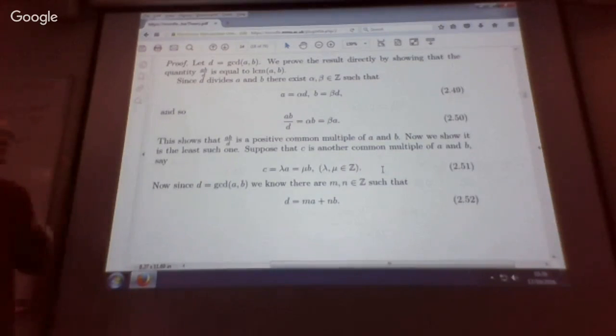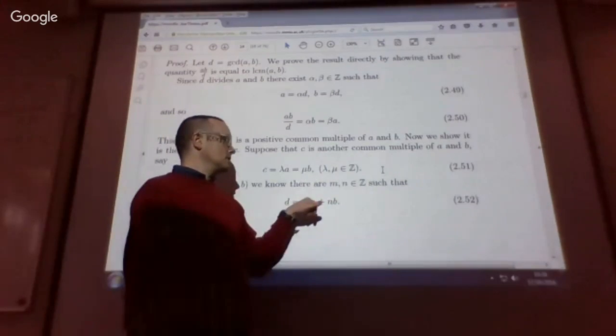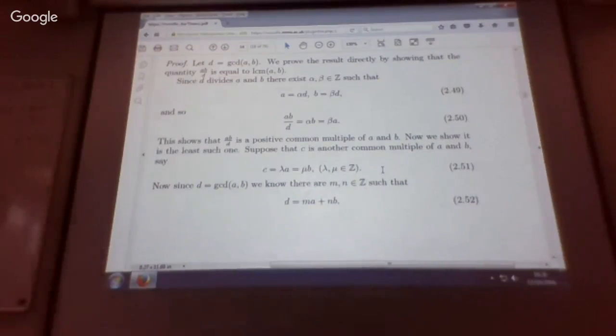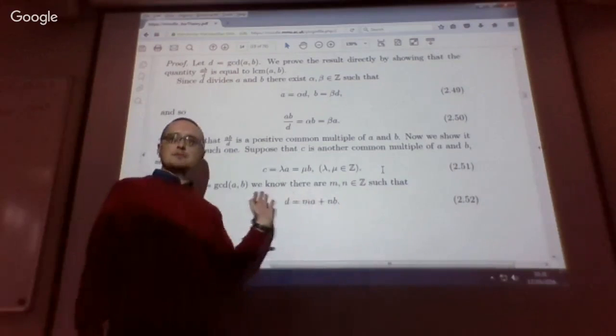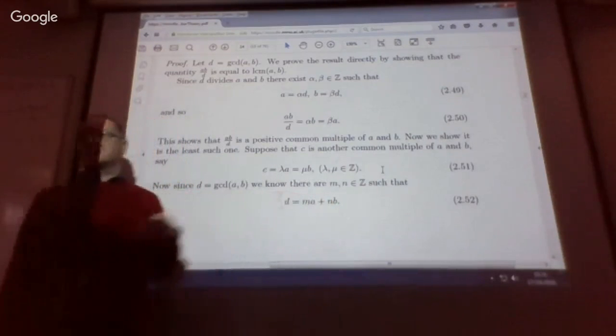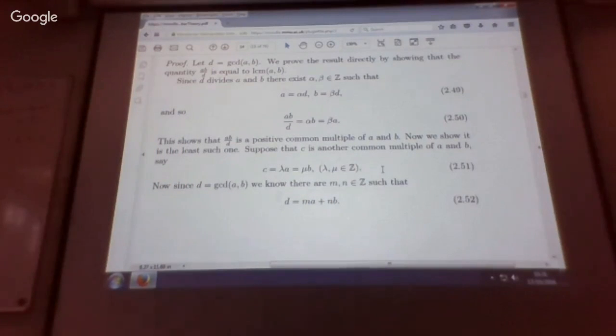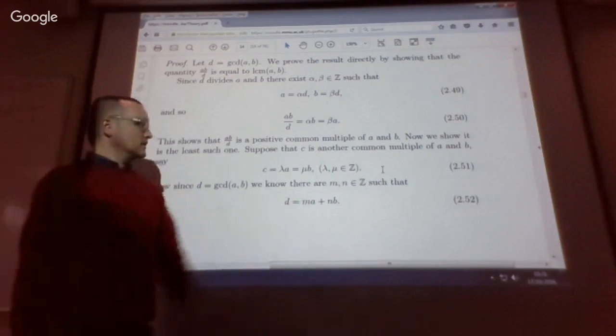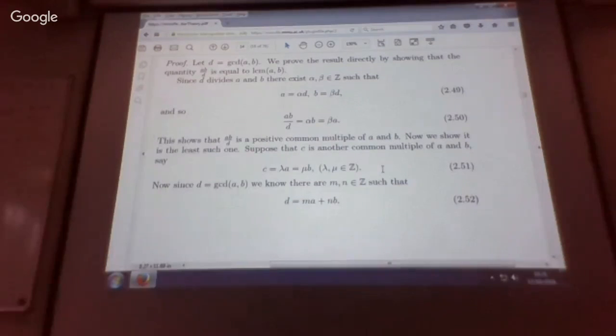Greatest common divisor is special because it can always be written as a linear combination of A and B. It's the only common divisor, except for negative D, which is trivially true by just multiplying both sides by minus sign, that can be expressed as a linear combination of A and B, the greatest common divisor. All other common divisors cannot be expressed as a linear combination of A and B, except for minus D. So there's the greatest common divisor expressed as some linear combination of A and B. So I know the M and N exist.